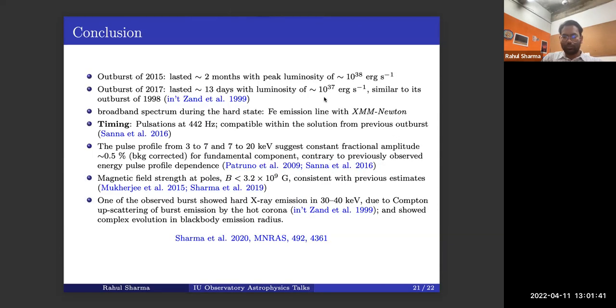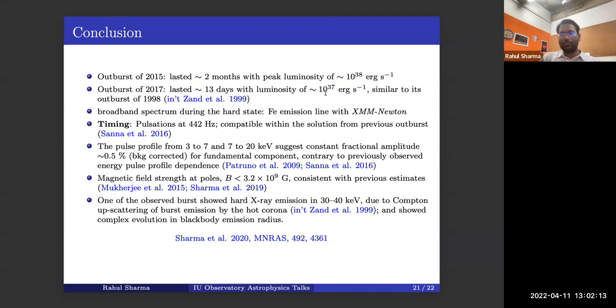So just to conclude, we found that this 2017 outburst has a different kind of properties with respect to other previous outbursts. The 2015 outburst lasted for around 2 months with peak luminosity of 10^38, while the 2017 outburst was a very short one, only 13 days, with a peak luminosity of the order of 10^37.